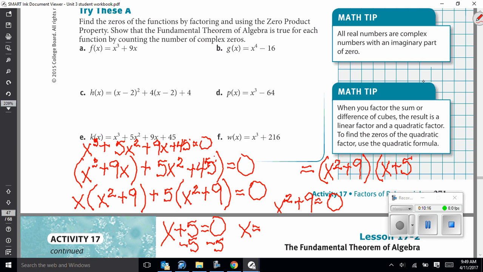Put plus or minus for these two, right? No, one's just going to be minus. Okay. That's one answer.